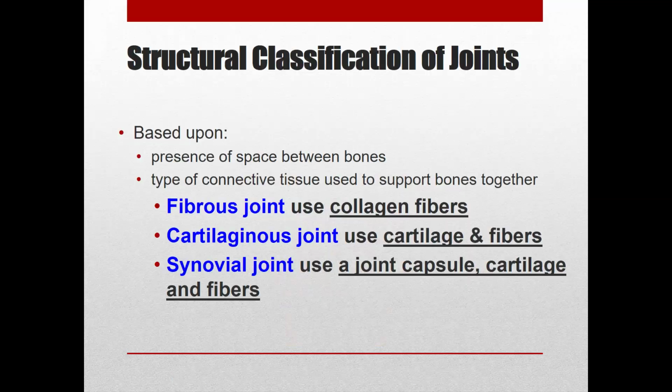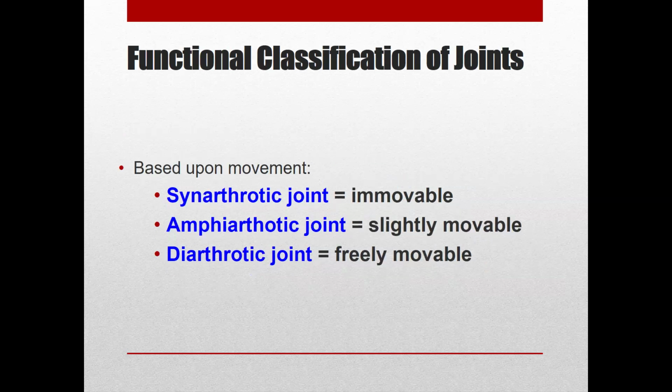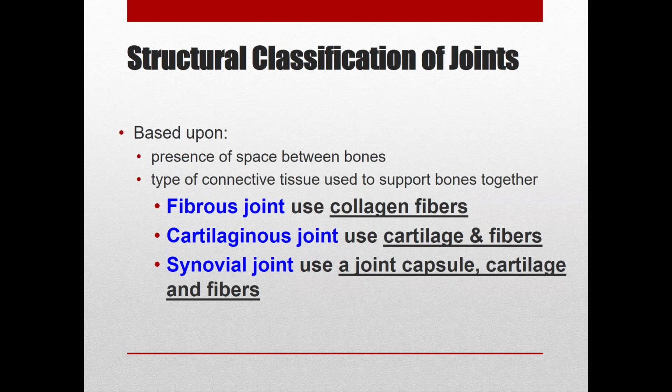Here are our structural classes, guys. Fibrous joints have fibers, which are going to be ligaments. Cartilaginous joints have cartilage and fibers. Synovial has all three: a synovial capsule, cartilage and fibers, just like we put on the board. When we base it upon movement, remember, structural classes are all about what the joint is made of structurally, what makes it up.